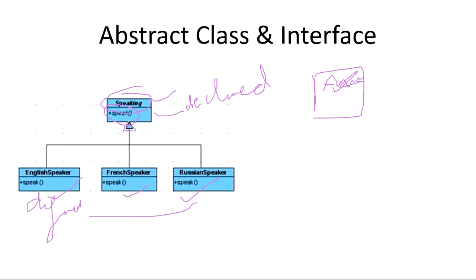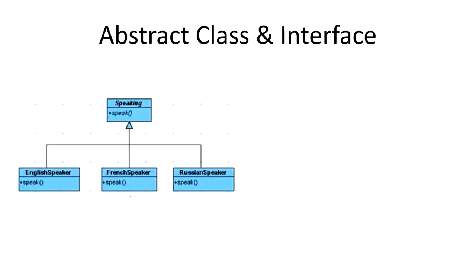Can I say speaking is an abstract class because I have declared a function speak in the speaking class, but I have defined what will happen inside speak in the child classes? The function method is written here, and here, and here, because the English speaker will speak differently, a French speaker will speak differently, a Russian speaker will speak differently. So you have to define the speak function differently. So in the speaking class we can only declare it, but its definition has to be given separately here. So can I say speaking is an abstract class? Yes or no?